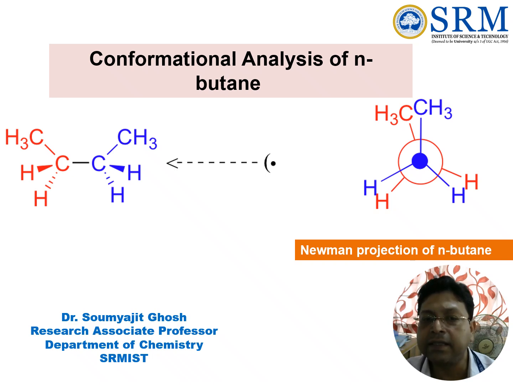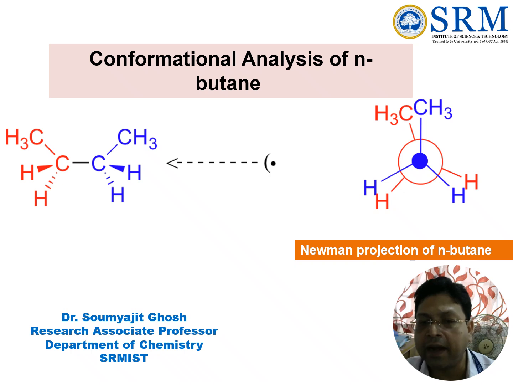The analysis of n-butane: due to the free rotation, how many different types of conformation can we get? Due to the free rotation of this C2-C3 bond, this is the Newman projection of n-butane. This is the frontal carbon atom, with methyl, hydrogen, hydrogen.